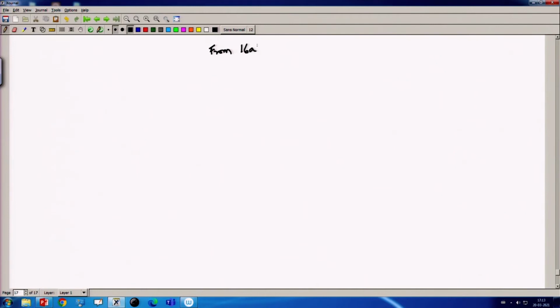But before that, from 16A we can also write the relationship between S12 and S11, and therefore, we can restate this as S12 is root of 1 minus mod S11 square.